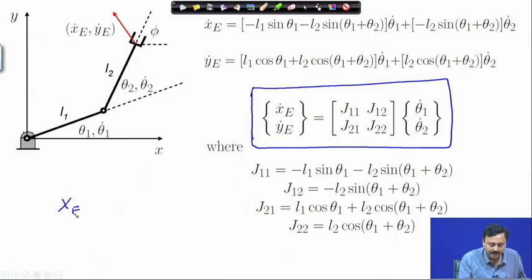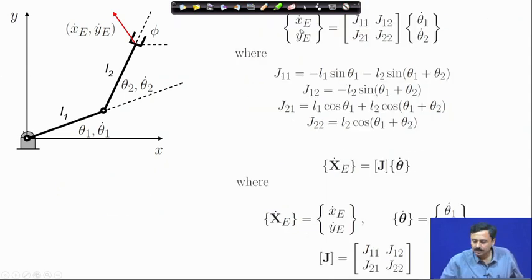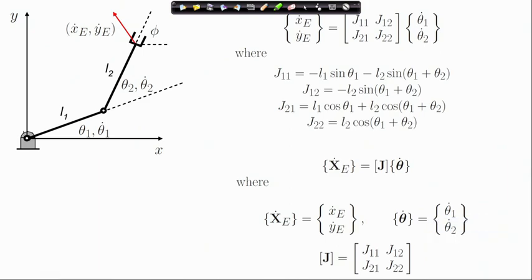So, we have the end effector velocity vector equals the Jacobian matrix times the joint velocity vector. So, this is only a compact way of writing the relation.